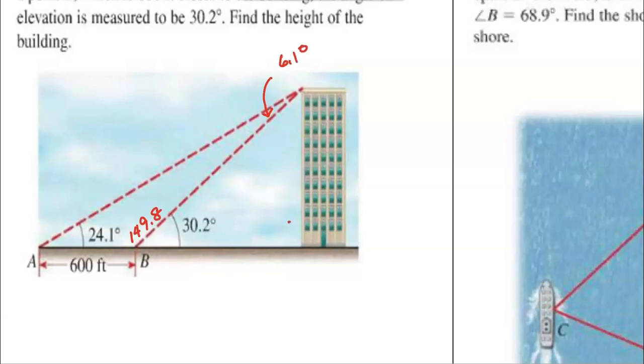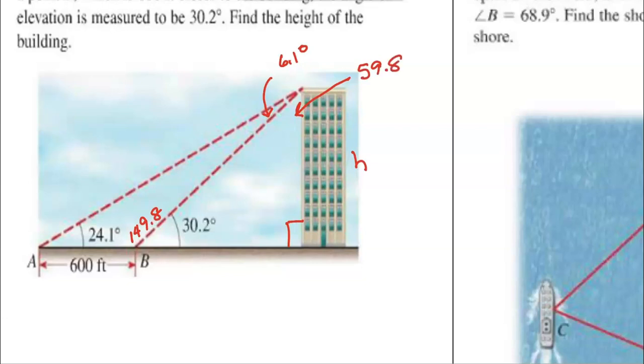Then I have an assumption here that this building is standing upright. It's a right triangle, therefore. I need to find the height of this building. I know that this angle down here is 30.2. By subtracting from 90, because those two acute angles in a right triangle are complementary, this is 59.8.